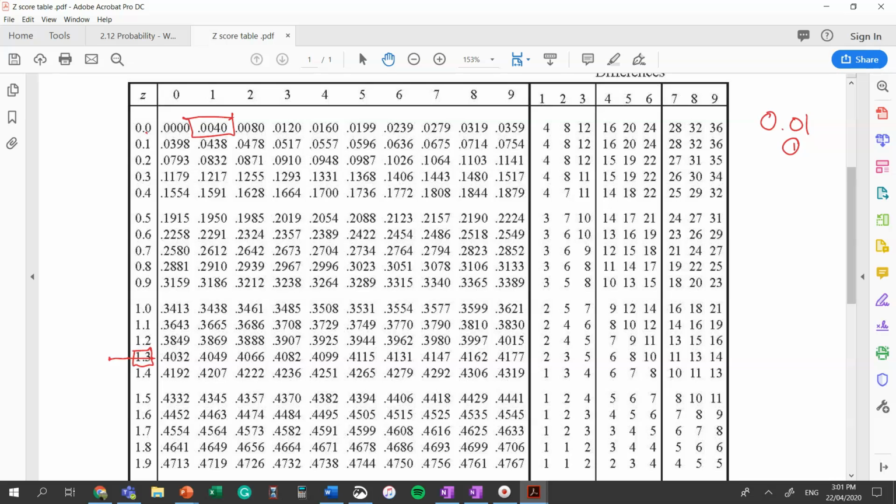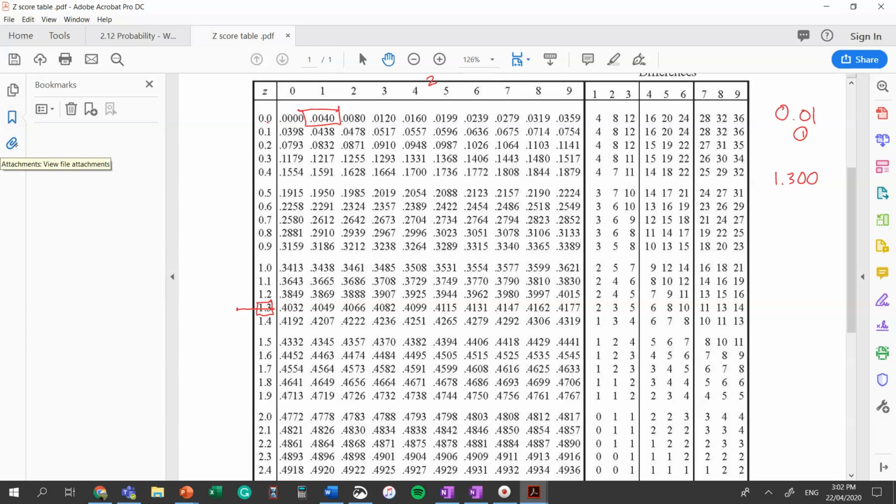Now 1.3 is fine. Then we have to think, what is the second decimal? First decimal in this column, second decimal up the top there. At the moment, 1.3 is actually 1.30, so we have to use this column, which gives us 0.4032.